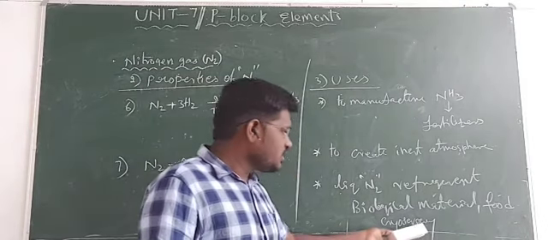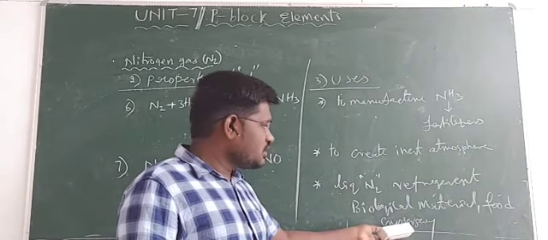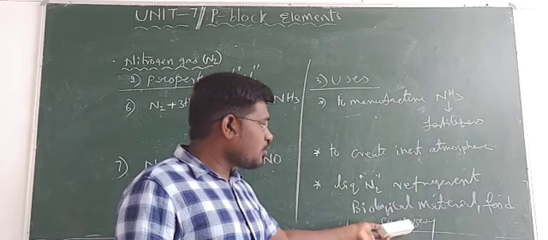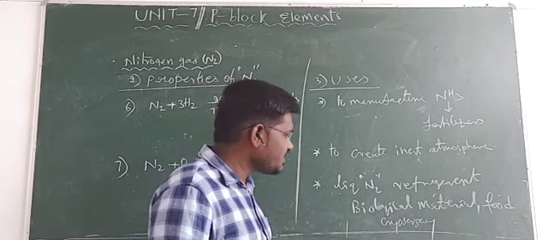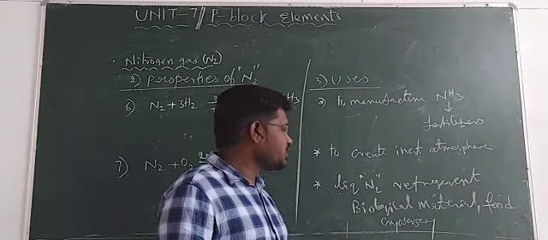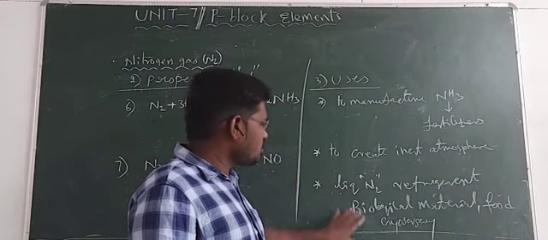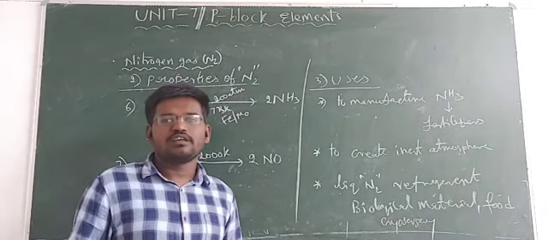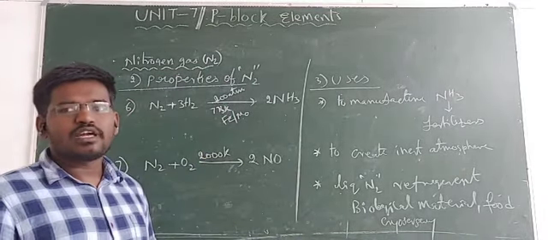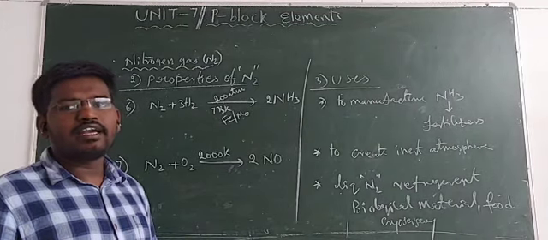Cryosurgery means it is a type of surgery to remove the unwanted cells from the body. The removal of unwanted cells from the body is known as cryosurgery. Liquid nitrogen is used in that. So this is about the nitrogen preparation, properties and uses.